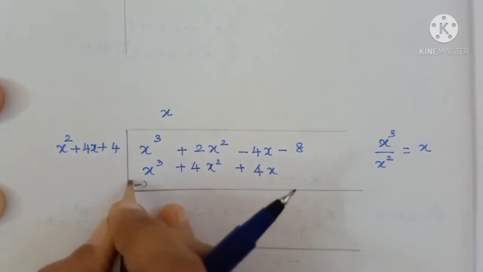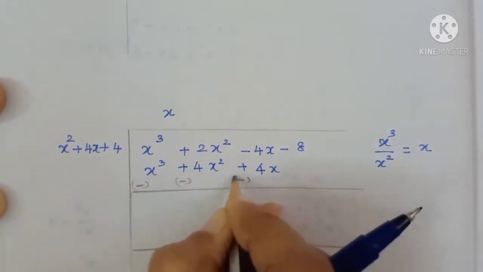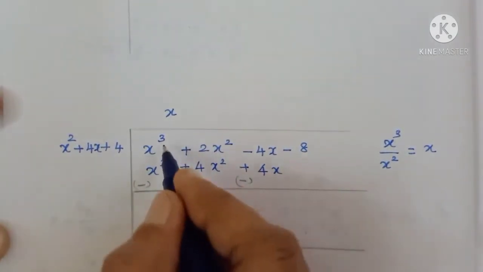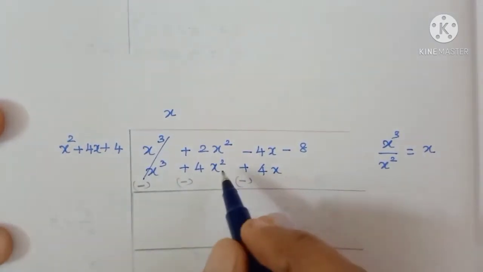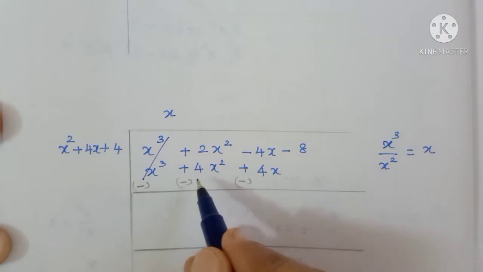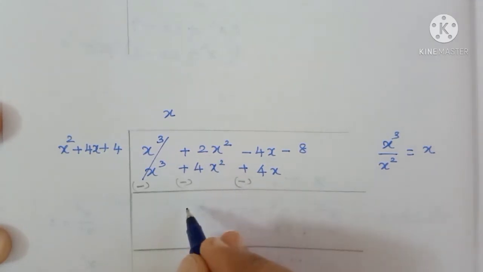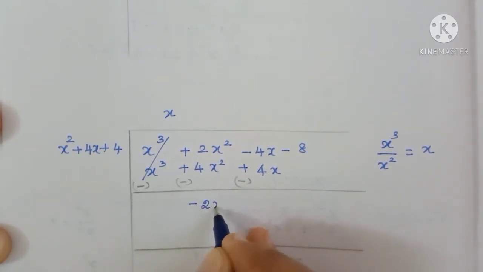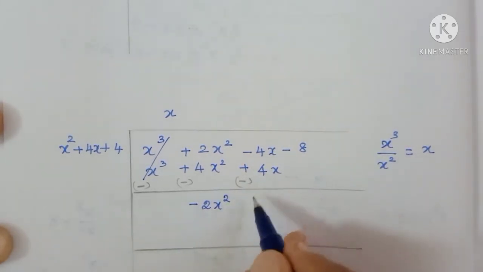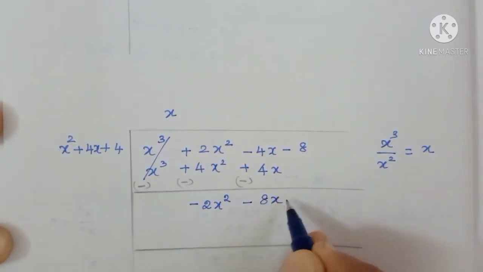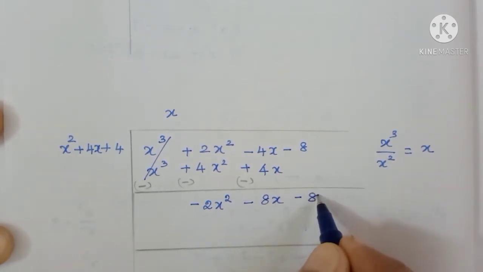So minus, here also minus, here also minus. So you can cancel these two, x cube and x cube terms. Then 2x squared minus 4x squared, subtracting this means you will get minus 2x squared. Minus 4x minus 4x, so you will get minus 8x. Next, the last term you have to bring down, that is minus 8.